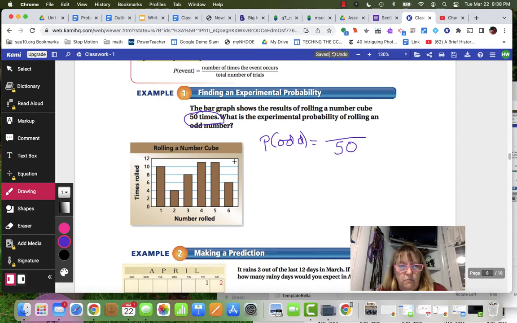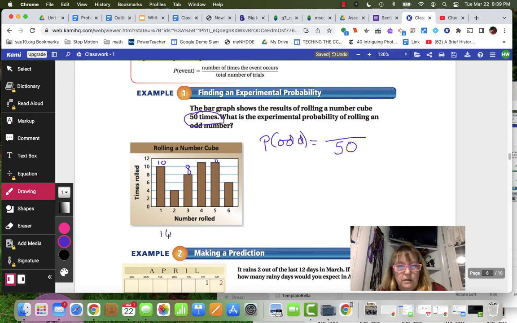Well, if we roll the dice, we got number 1, 10 times. Number 3, it was 8 times. And 5, it was 11 times. So we are adding together 10, 8, and 11.